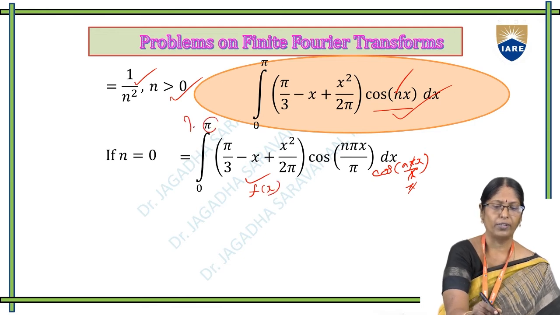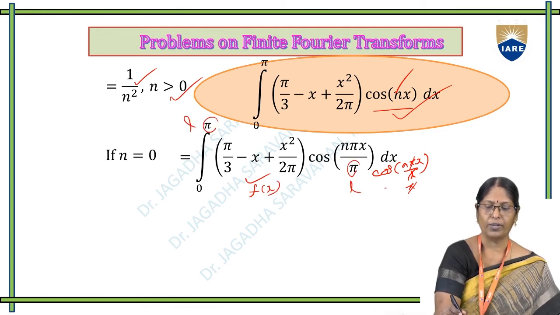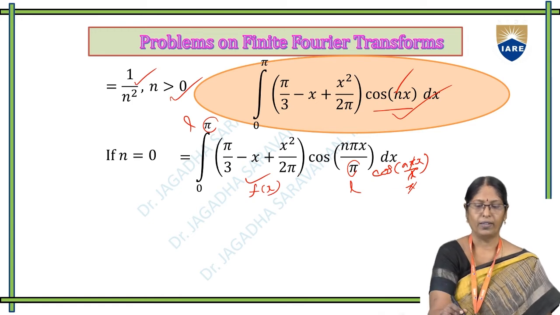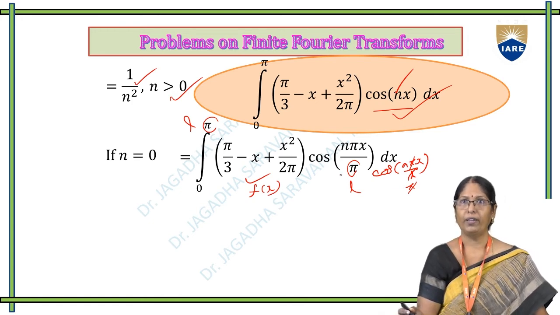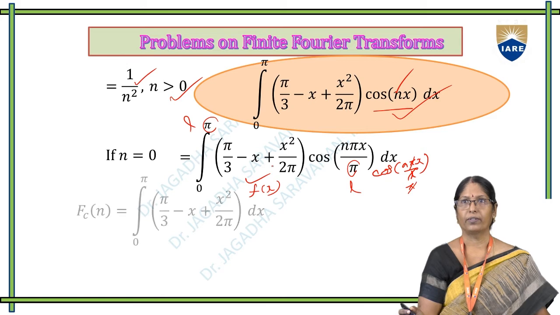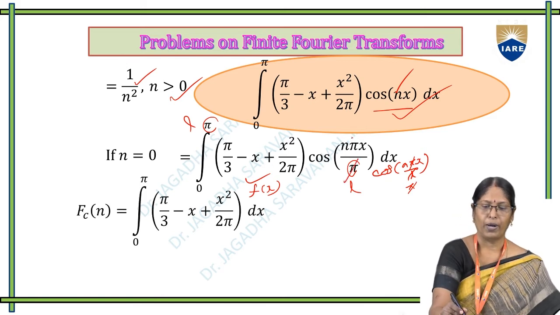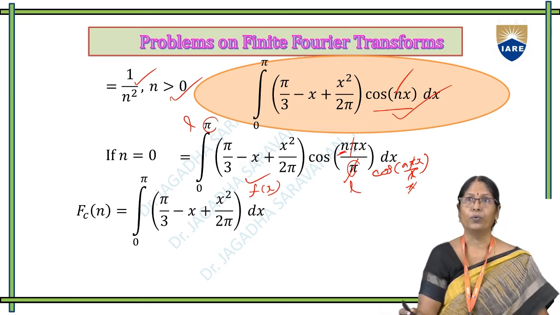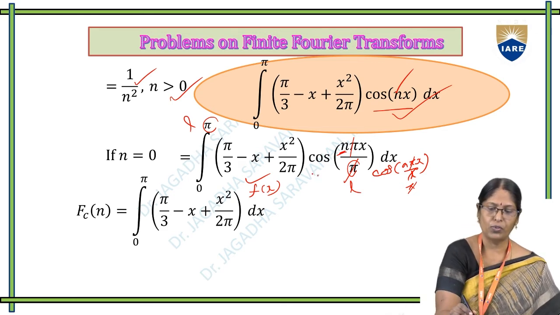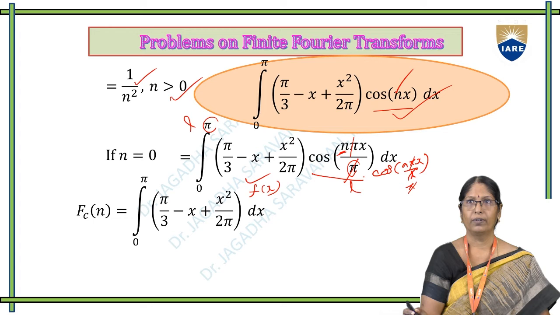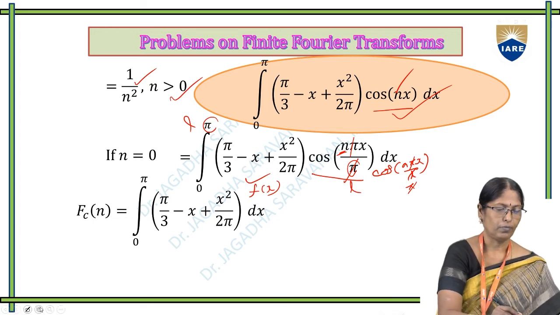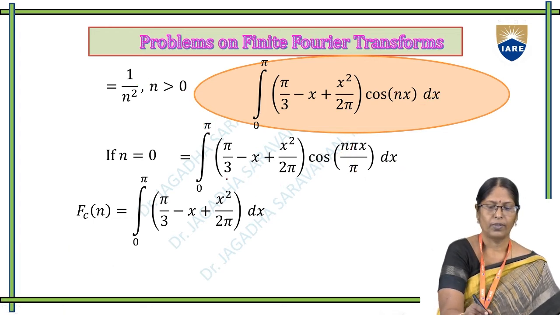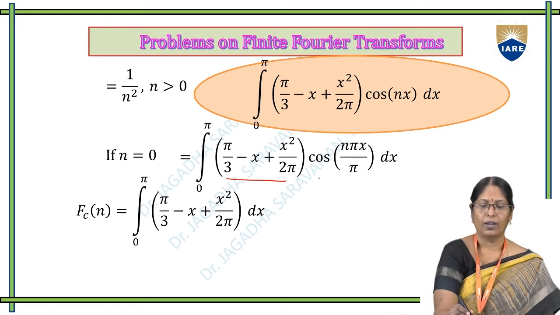Here we know L, so L is replaced by pi. Pi cancelled, and our n is taking the value 0. So cos 0 is 1. This function cos 0, the value is 1.